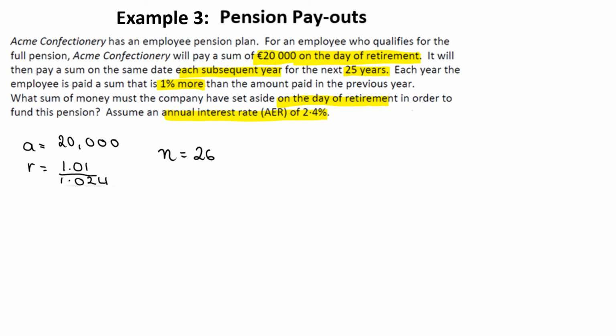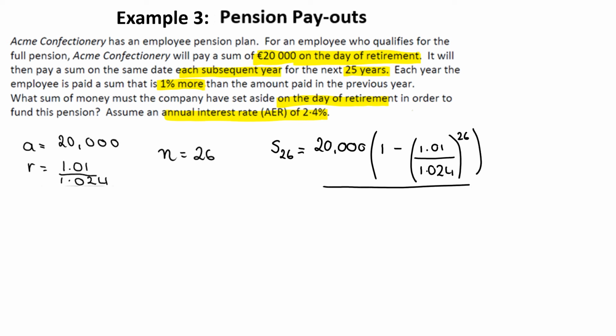The formula is Sn, which in our case is S26, equal to a, which is 20,000, times 1 minus r to the power of n, 1.024 to the power of 26, all over 1 minus r, 1.024.